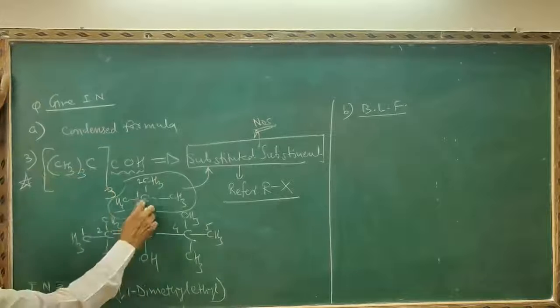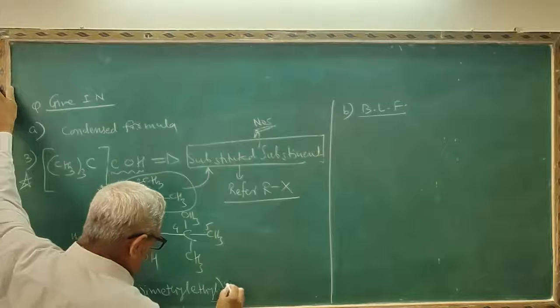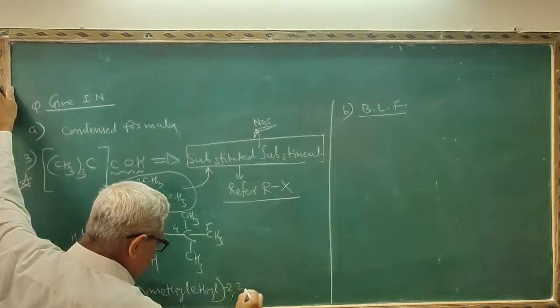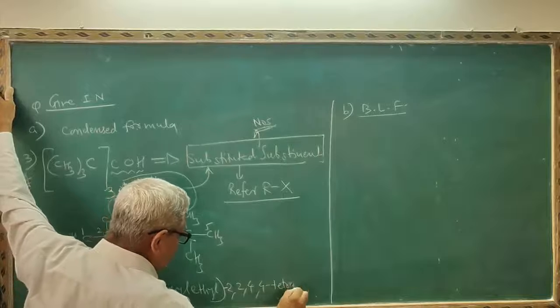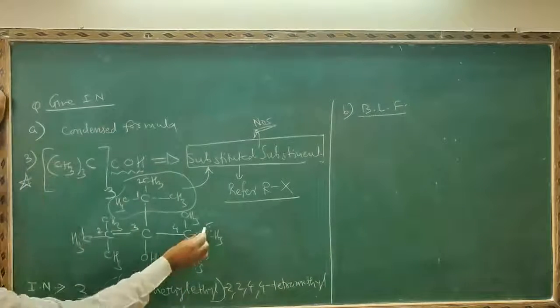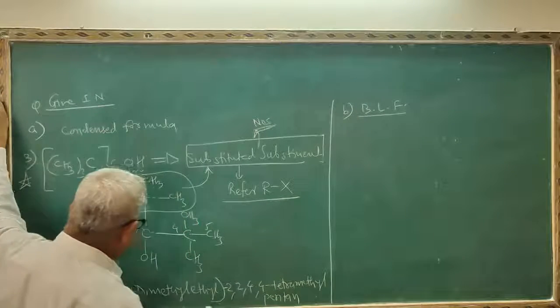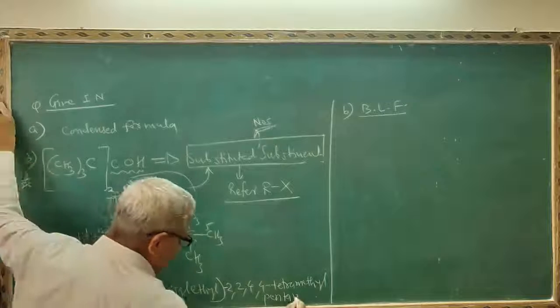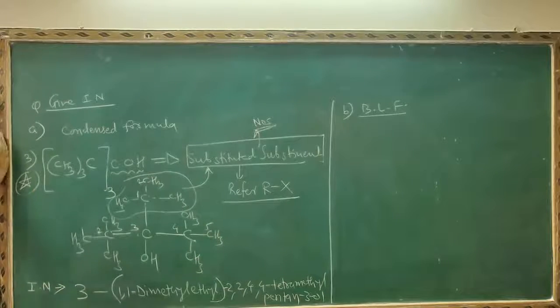This is the ethyl group here. 1,1-dimethyl ethyl, and then here 2,2, 4,4 tetramethyl. How many carbon atoms are in a straight chain? 5. Therefore, you have to use pentane. The suffix E is replaced by 3OL.